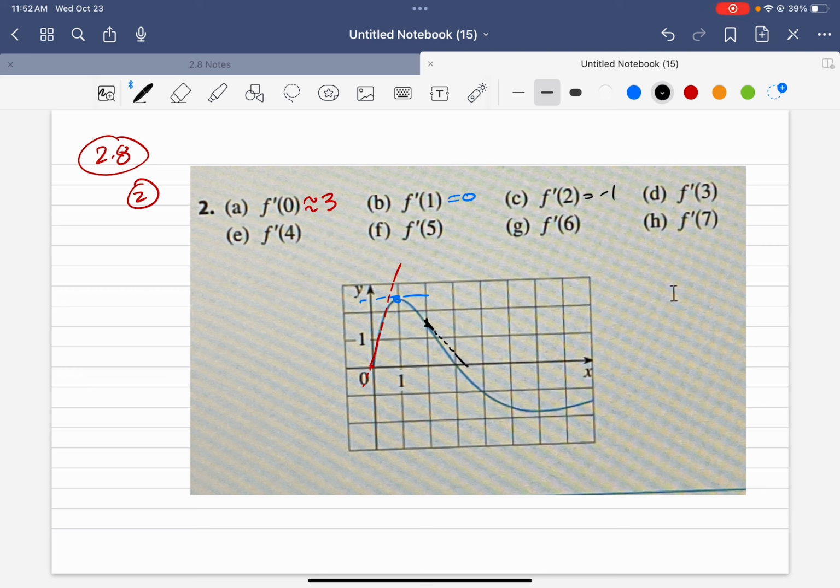And then if I go at 3, so here's 1, 2, 3. So if I look at 3, I draw a tangent line here. It looks like this is 2. It looks like this is just about 2 as well. So it still looks like it's a little more negative, yes?